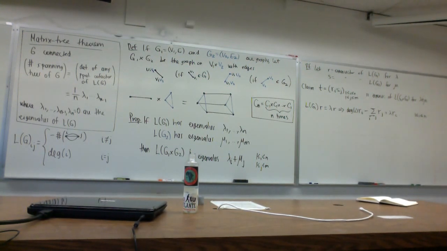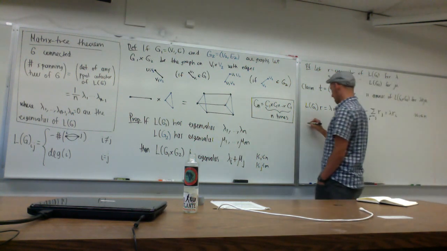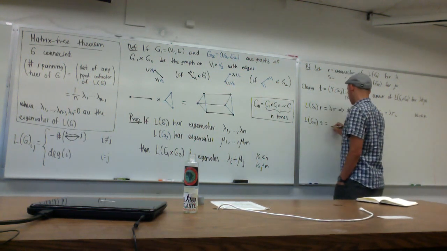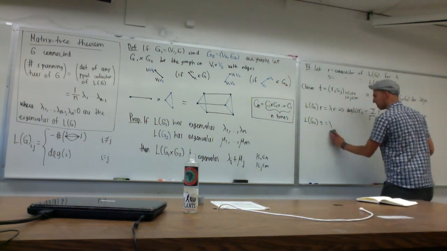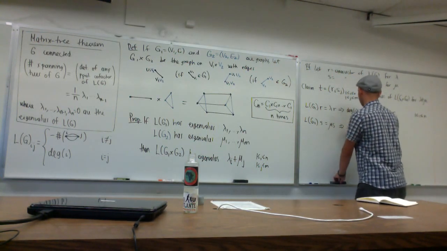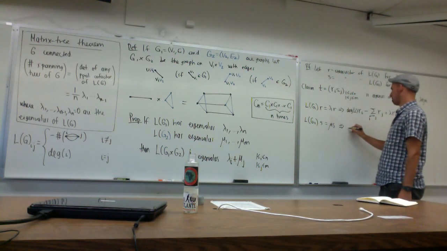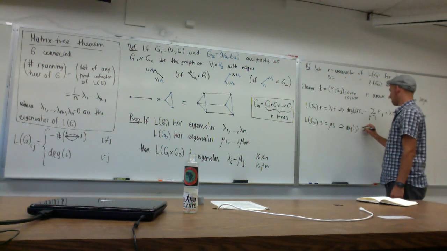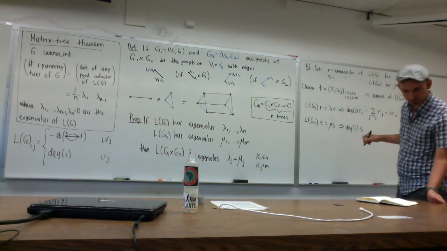Okay. So these are some linear relations between the ri's that tell me that this is an eigenvector, and similarly for s, so this is going to be mu s, then I get that the degree of j times s.